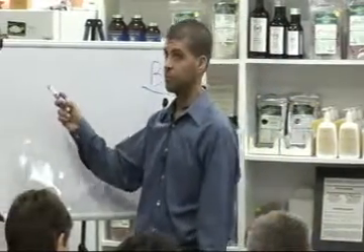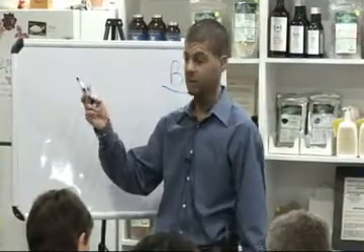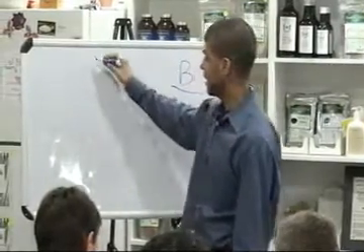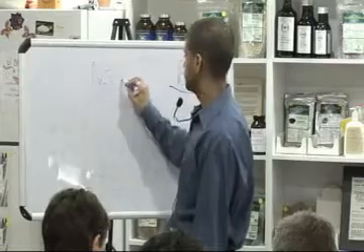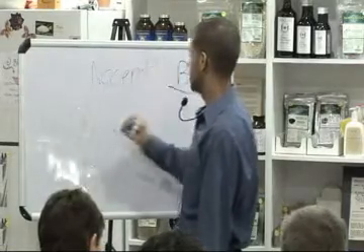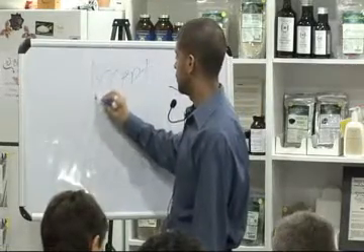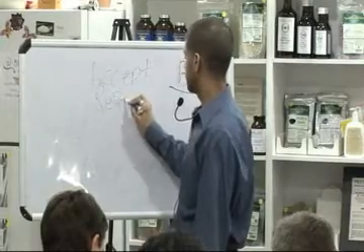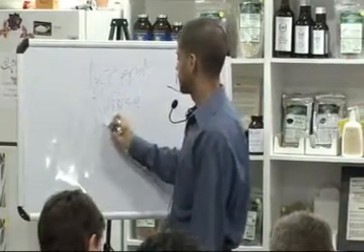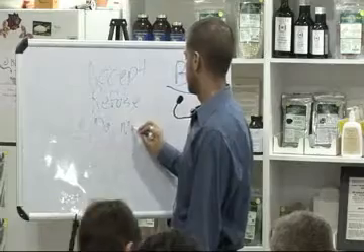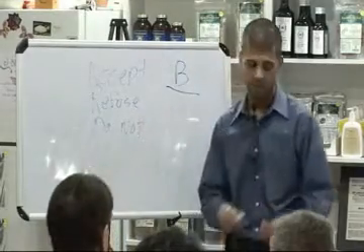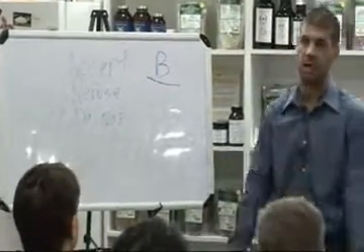Now, there's three paths I guess you could take. You can accept it. You can refuse it. Or you can do nothing.